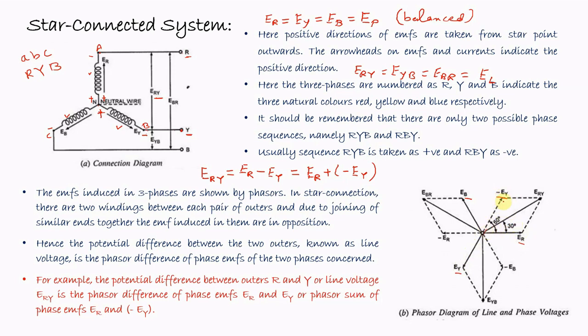So if we join these two values using a parallelogram, then this will be the value of ERY. And here the angle between these two values is 60 degrees. So you can also calculate the line voltage in terms of the phase voltage. So let's see.